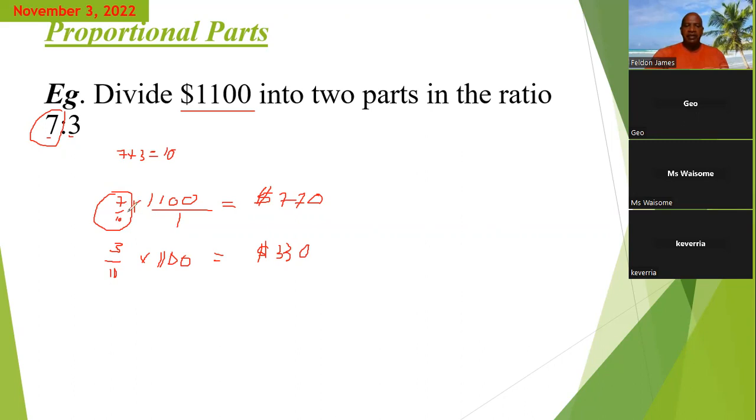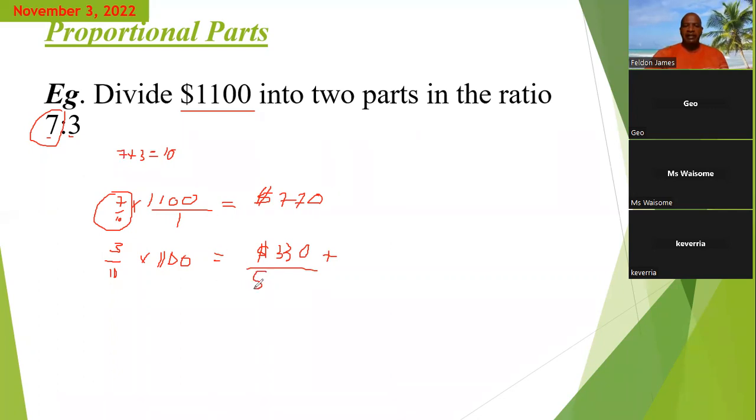So 7 out of 10 times 1100, meaning that you're finding 7/10 of 1100, which gives you $770. And so the remainder is going to be 3 parts out of 10. So that's 3/10 of $1,100. And that will give you $330. Now, to really check to see if your share is correct, when you add both shares, you should get back what you shared.